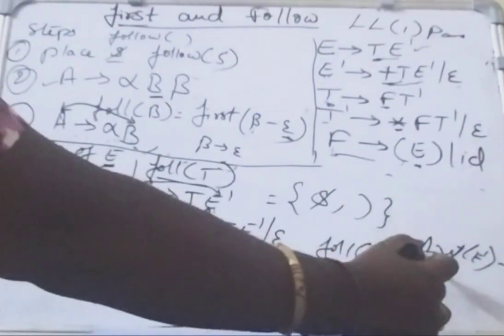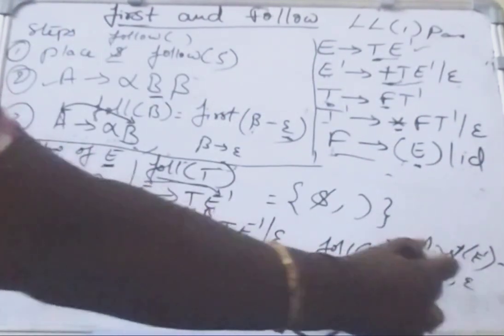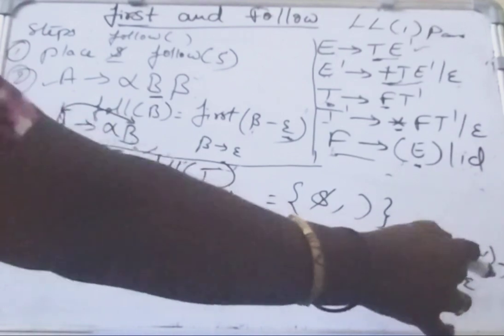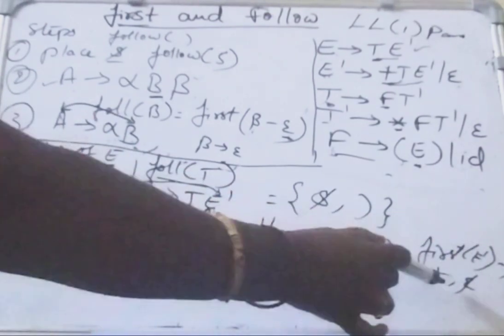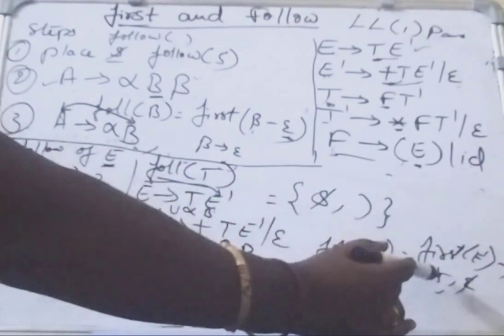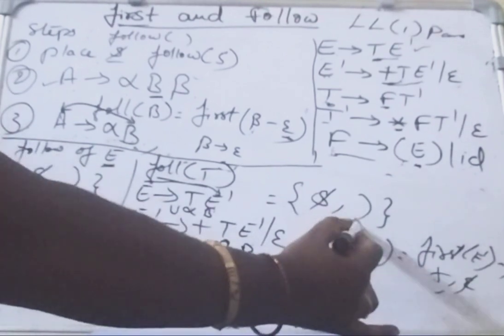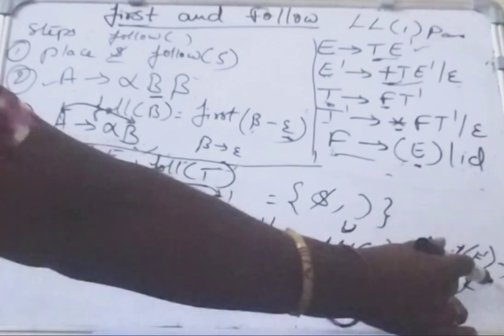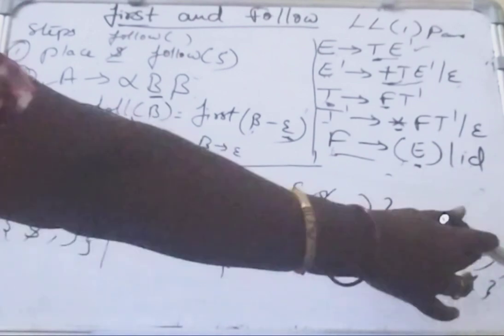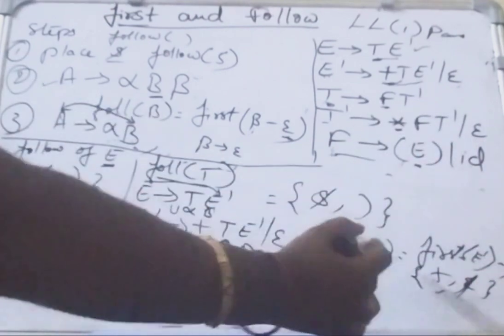So plus and epsilon, both the symbols are there. So what should we do? We have to remove the epsilon here and take the other symbol. The other symbol here is plus. So we take the union of these two, excluding the epsilon: first of beta minus epsilon, first of E dash minus epsilon.